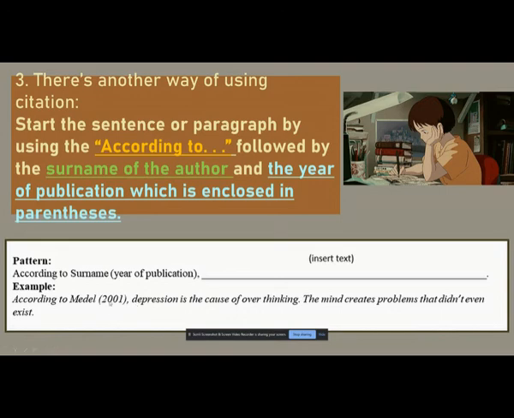Now, if you notice, the year here is only enclosed in the parentheses and not the last name of Medell, no? Because that is using the surname as the primary idea of the sentence.